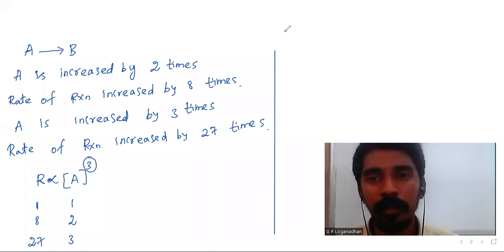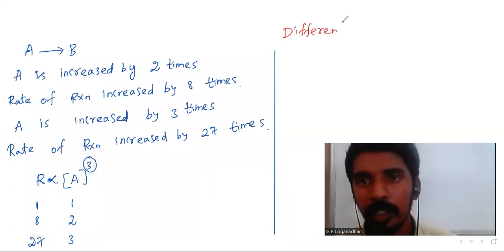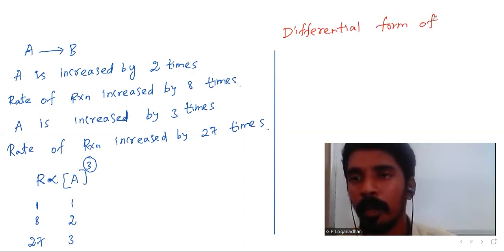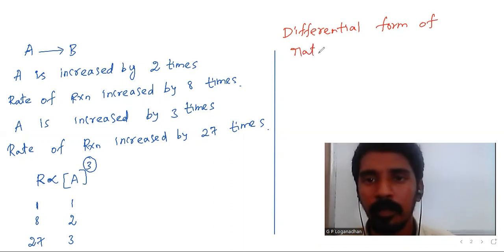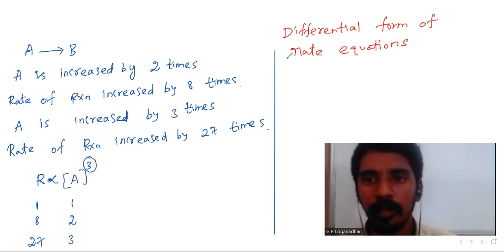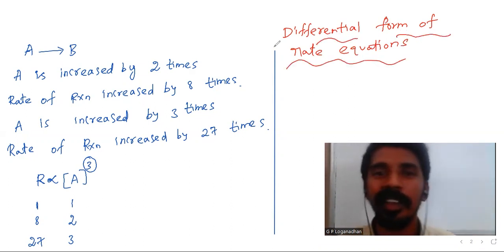We'll discuss the differential form of the rate equation. Differential form means differentiation, like d by dx, d by dt, d by dy.